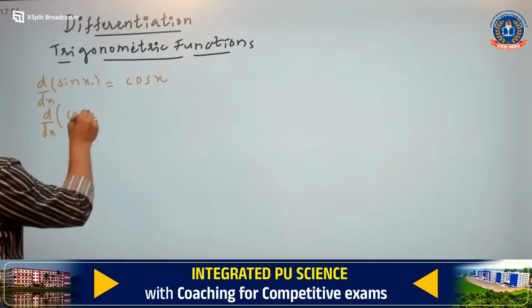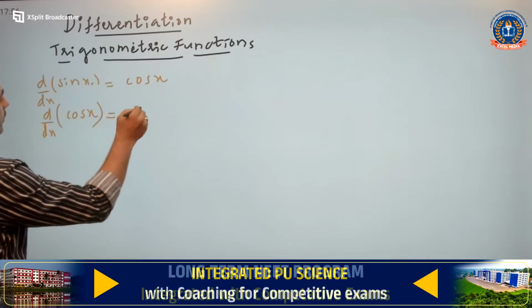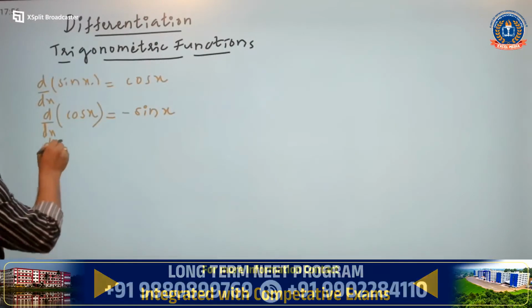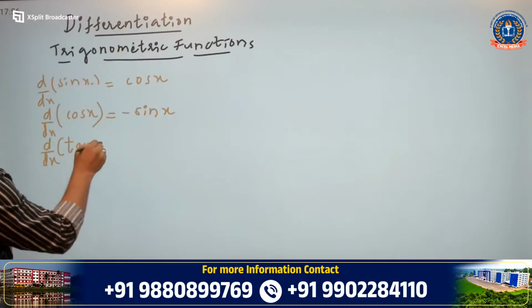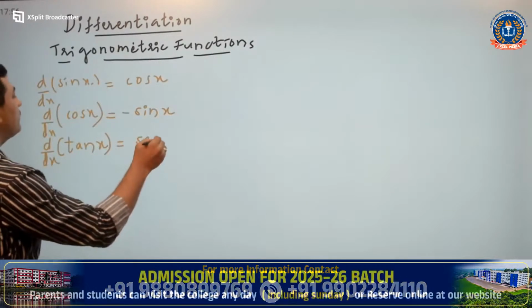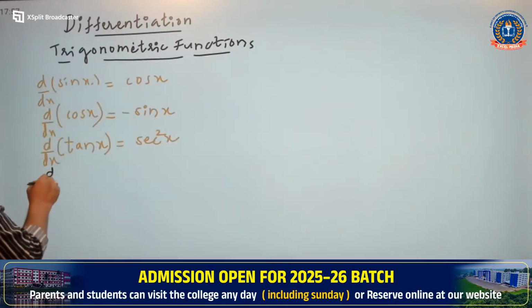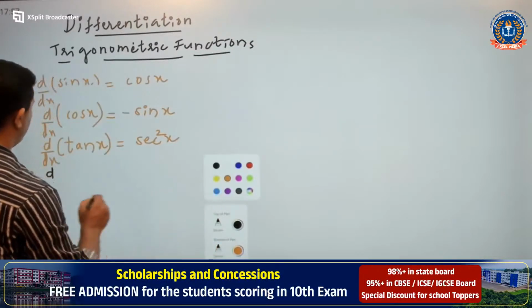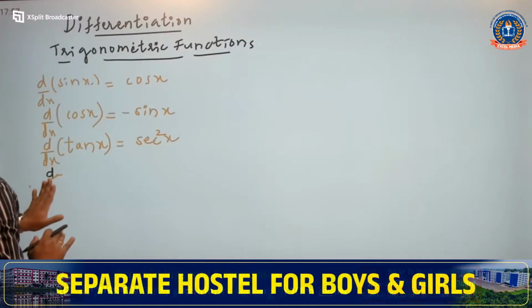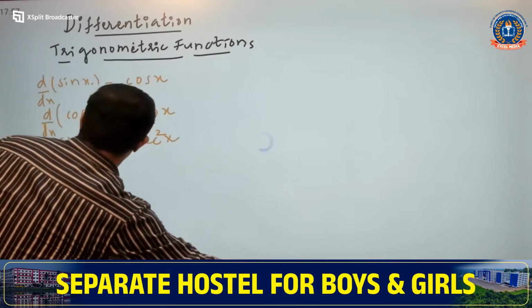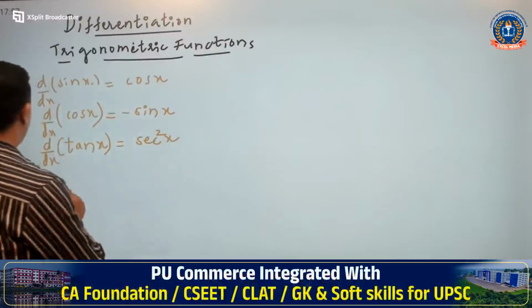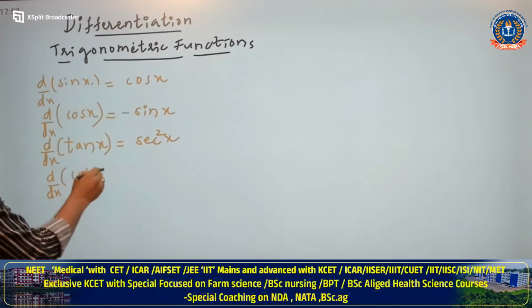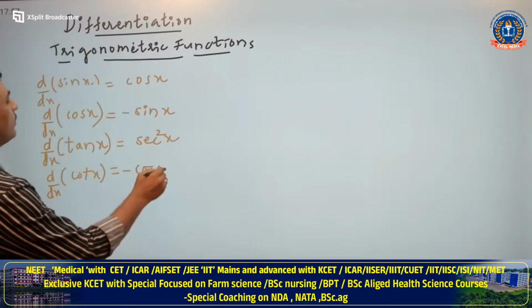Okay, derivative of cos x is minus sin x. Derivative of tan x is secant square x. And then derivative of cot x is minus cosecant square x.